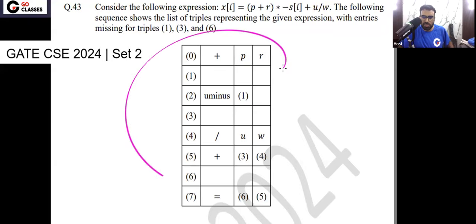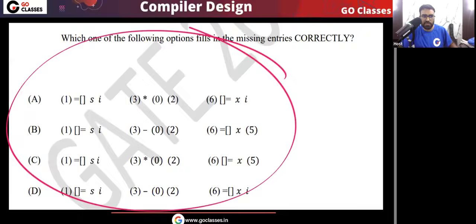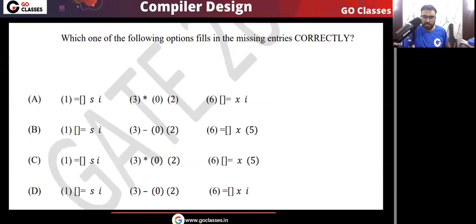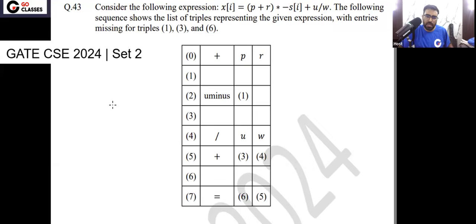Many students solve this question by option elimination, because some options are given. But we are going to solve this question without option elimination, with complete analysis, using the correct concepts. Then at the end we will see which option is correct. Is this clear? So let's read this question.